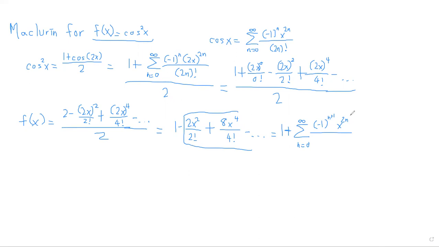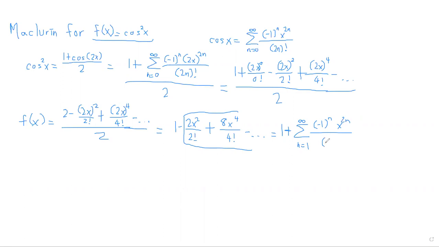Let me think. x to the power of 2n. There are 2 ways I could go about this. You know what? I'm going to start directly at n equals 1. You could do it at n equals 0, but I'm going to do it at n equals 1. It makes things a little simpler in this case. So n equals 1, x to the power of 2n. Now, that's negative here too.